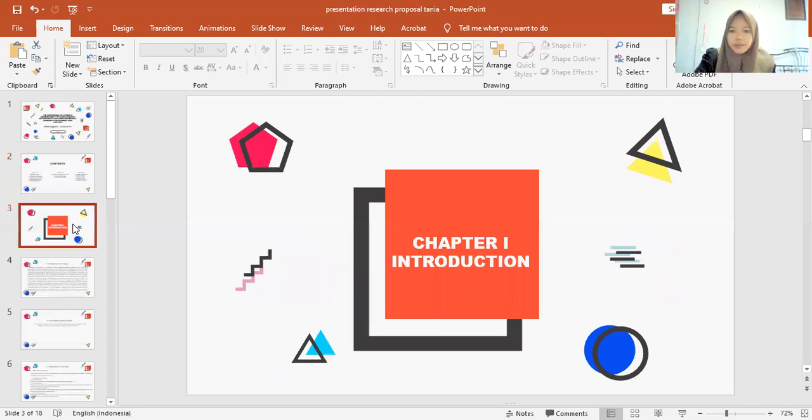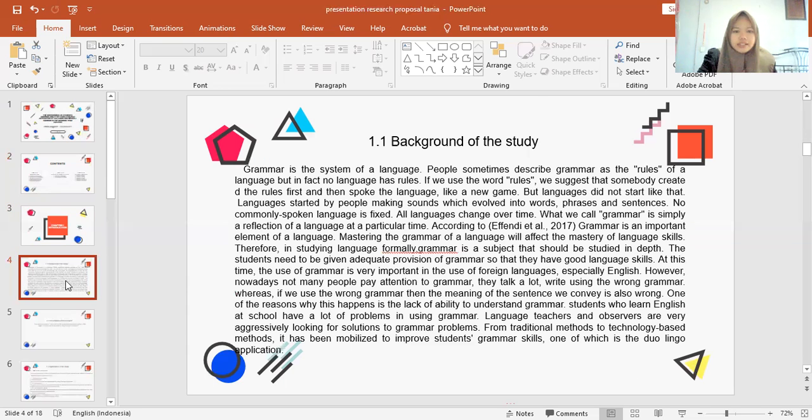All right, we move to chapter 1, introduction. Background of the study. Grammar is the system of language. People sometimes describe grammar as the rules of a language, but in fact, no language has rules. If we use the word rules, we suggest that somebody created the rules first and then spoke the language, like a new game.